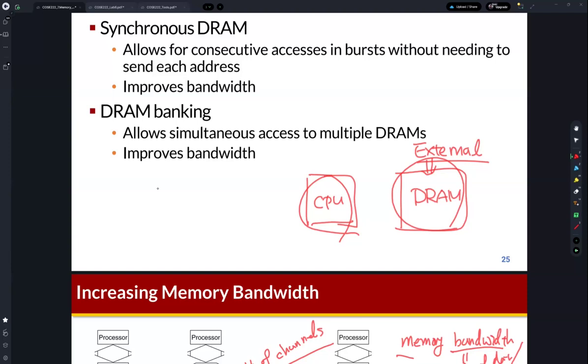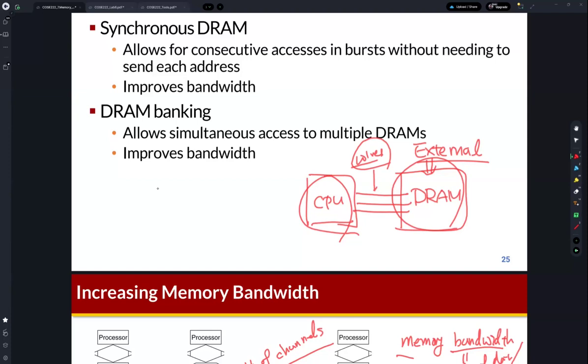It's a different chip, a different package. So what does that mean? We need to connect the CPU and the RAM using wires. It's PCB wires. Okay, it's physical wires. It's a metal wire.